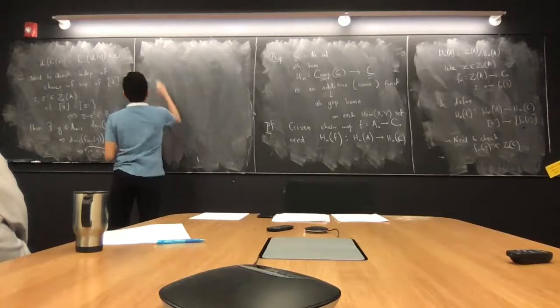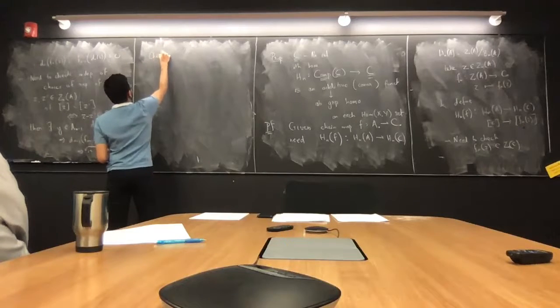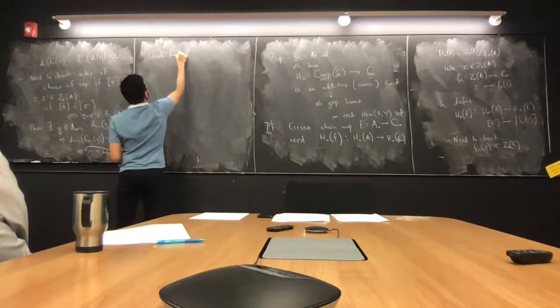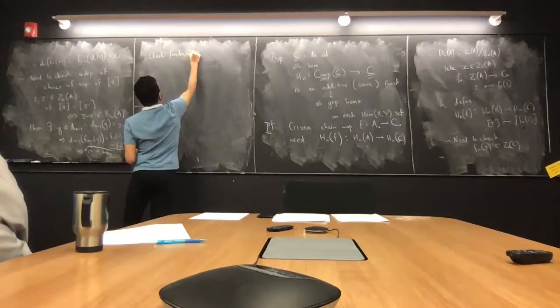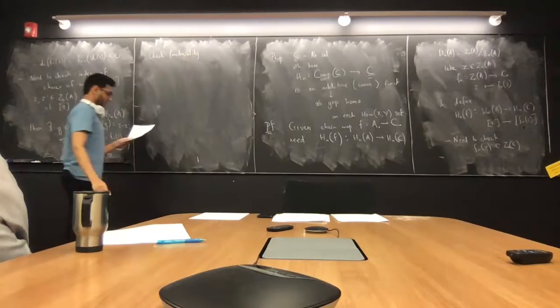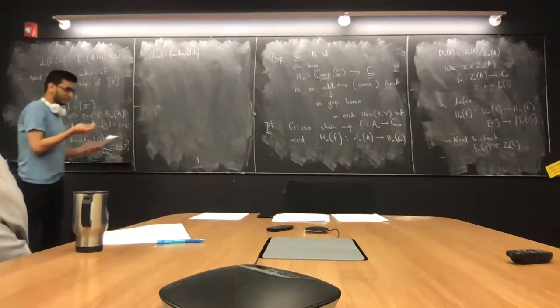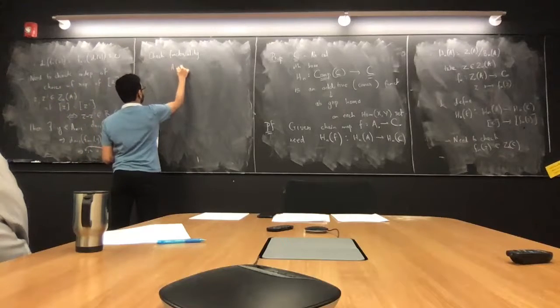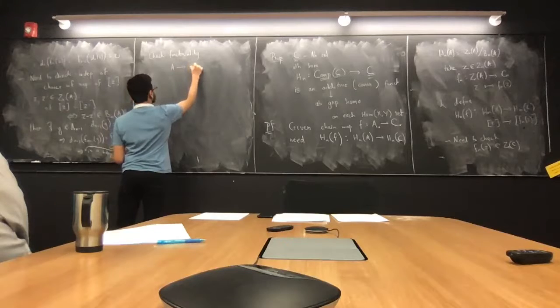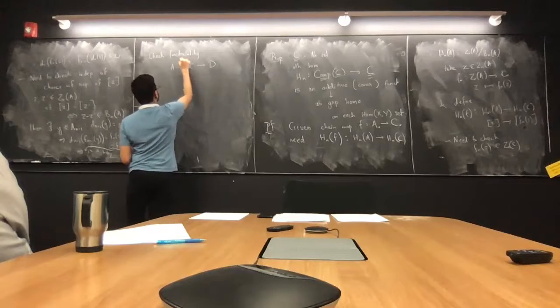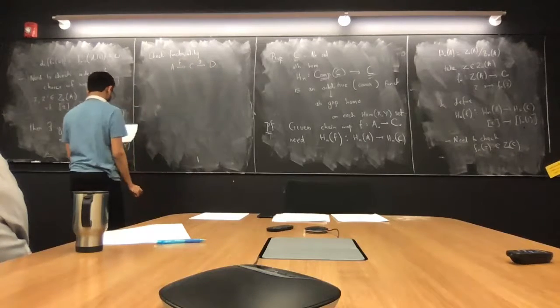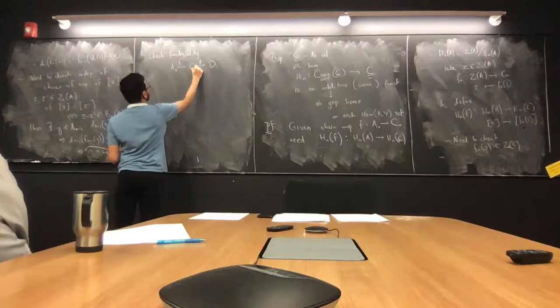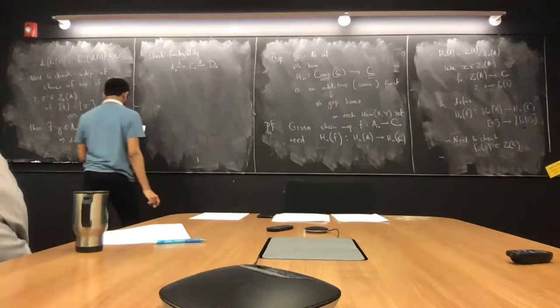The last thing to do is check functoriality. I.e., check that this functor obeys the composition property. So suppose we have complexes A, C, and D. It maps F and G. Dot, dot, dot.